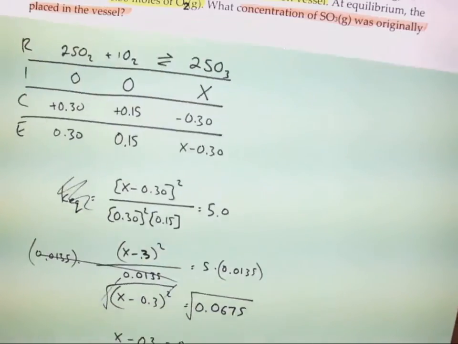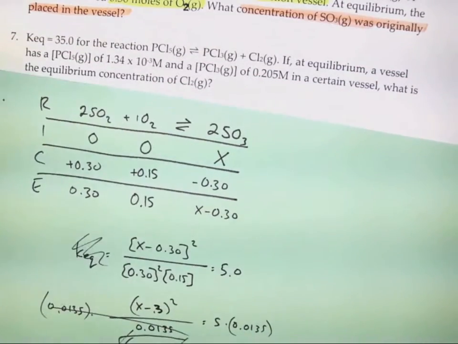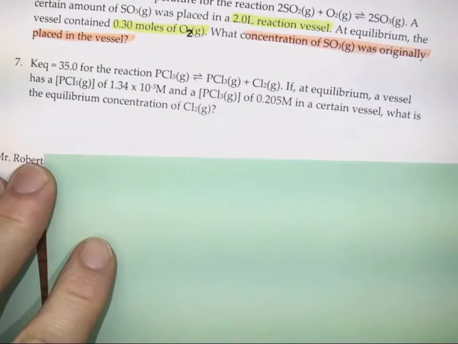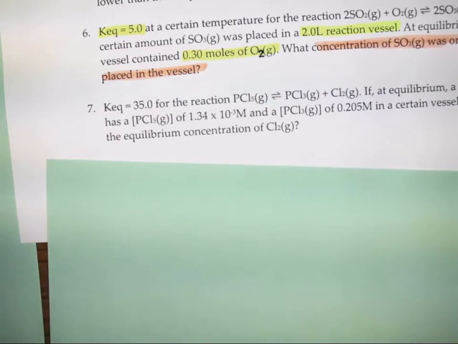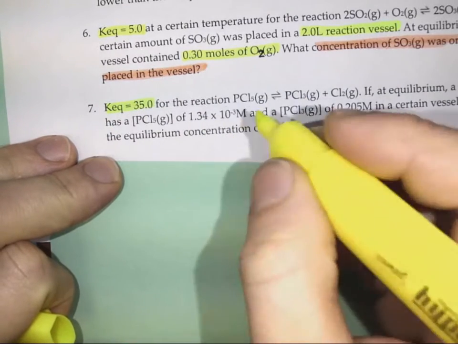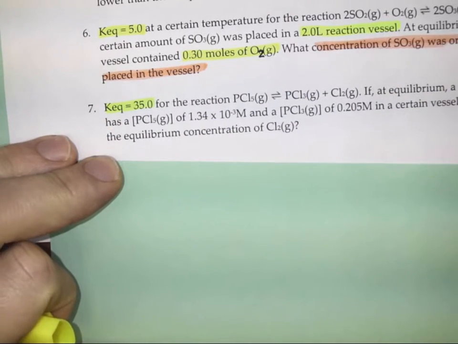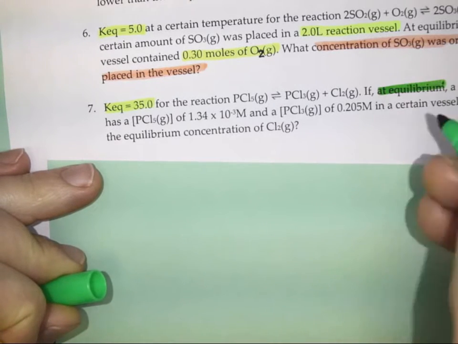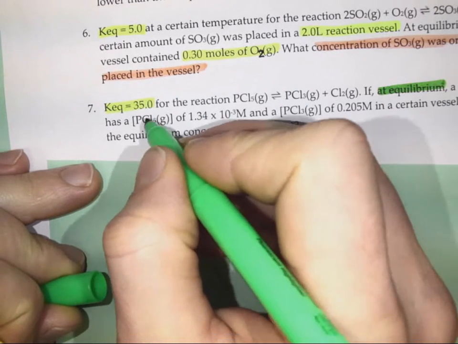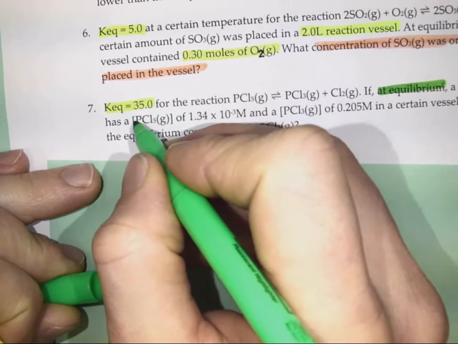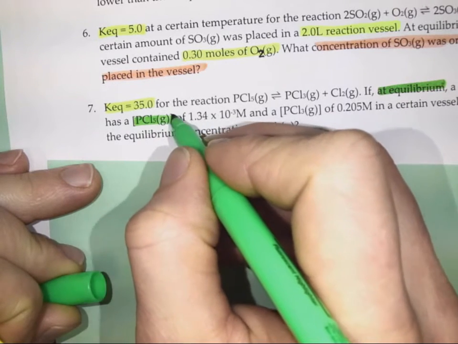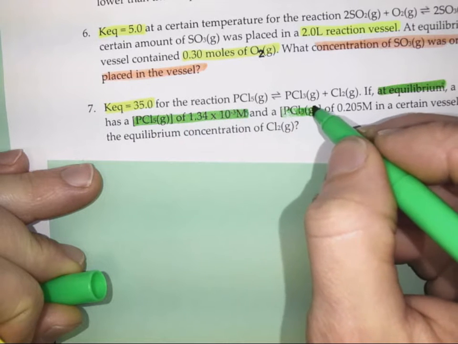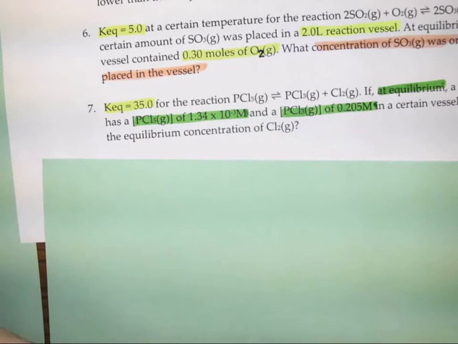All right, let's do this last question. So question 7, we've got an equilibrium constant of 35, and we've got some reaction, and we know that at equilibrium, that's an important phrase, we have a concentration of phosphorus pentachloride that is this much, and a concentration of phosphorus trichloride this much.